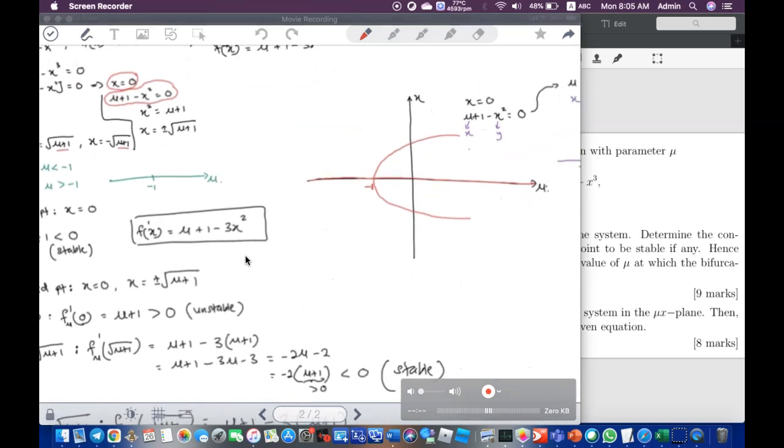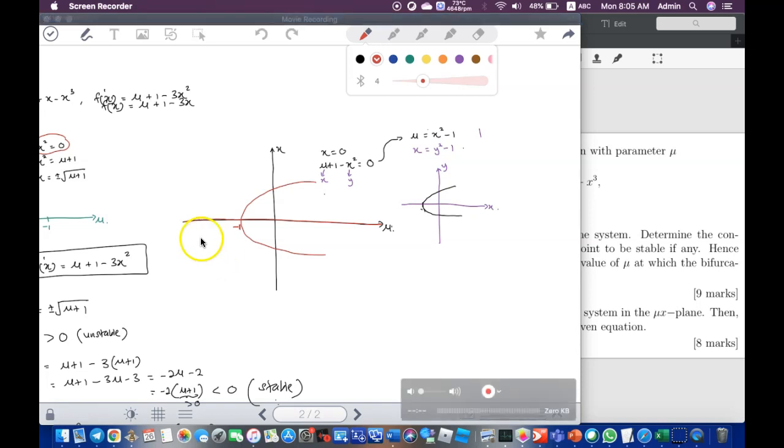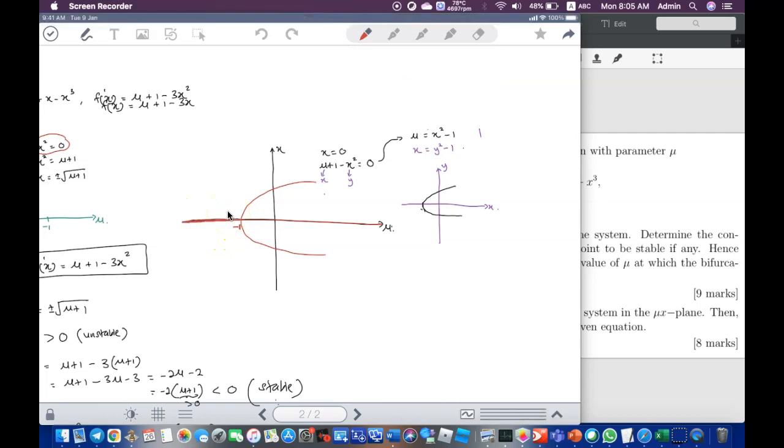So for this region, when mu is less than minus 1, this one should be a solid line, telling you that this one is stable.